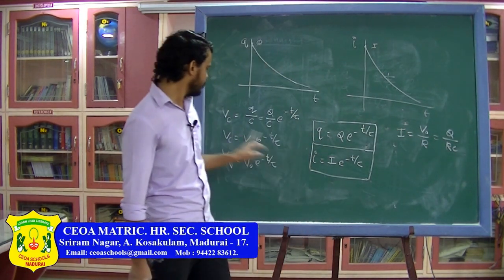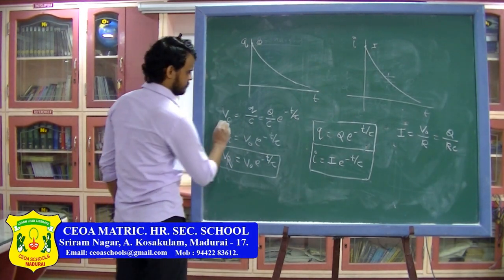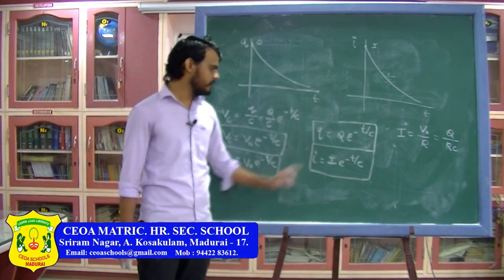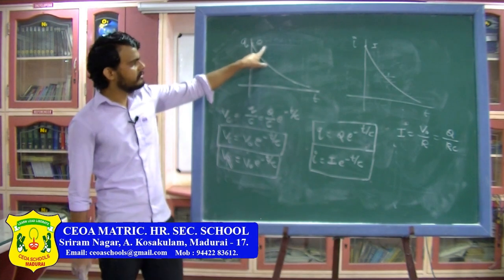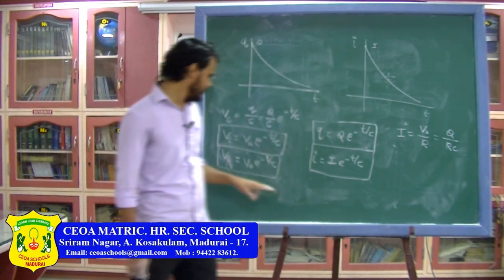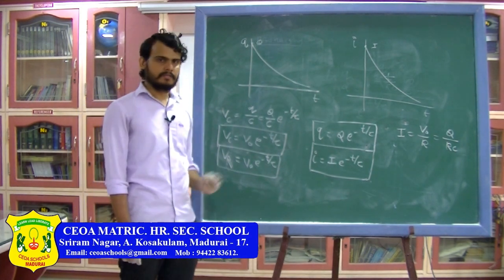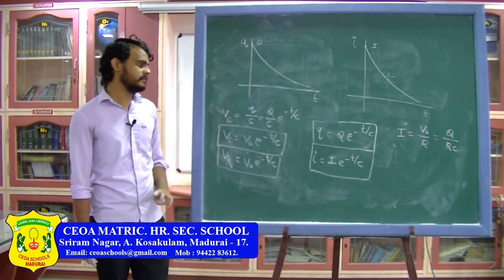So these are the formulas for discharging of the capacitor. In discharging of the capacitor, all the graphs are going to look like this. Initial charge will be Q, initial current will be I naught, and initial potential across the capacitor and resistance is going to be V naught. So don't get confused between charging of the capacitor and discharging of the capacitor.